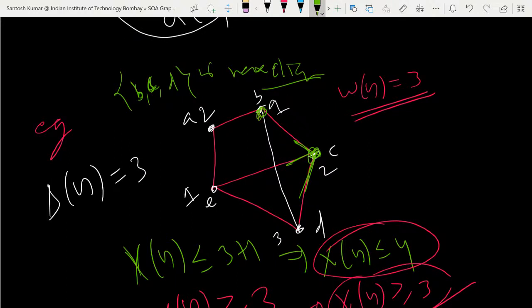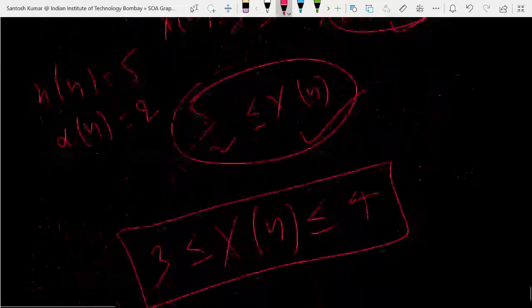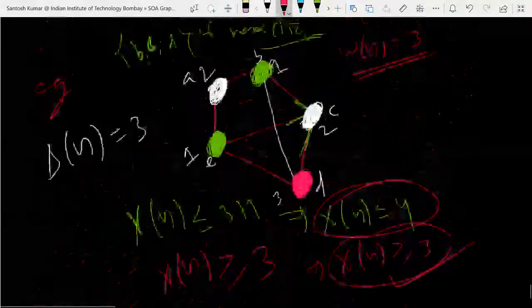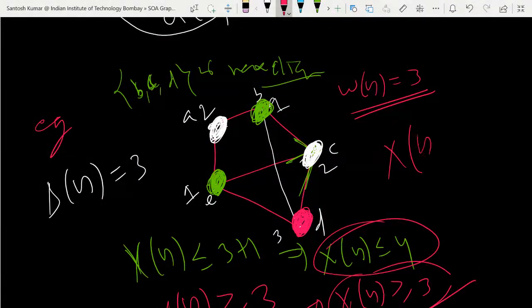So I give this color 1, 2 I give, suppose, white color, and 3 I have to give here. So the chromatic number is 3 actually. So from this coloring, you decide the chromatic number is the same.